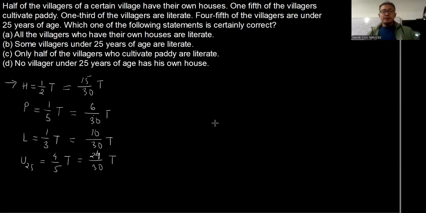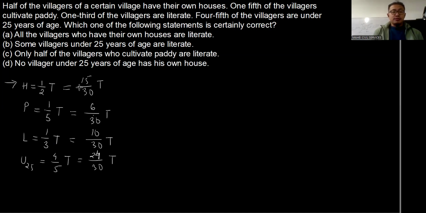Now let's do one thing. We don't know whether the groups overlap or not. Half of the villagers of a certain village have their own houses, and all the villagers who have their own houses are literate.